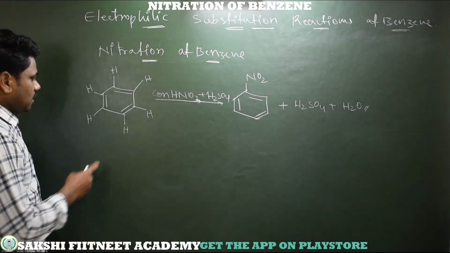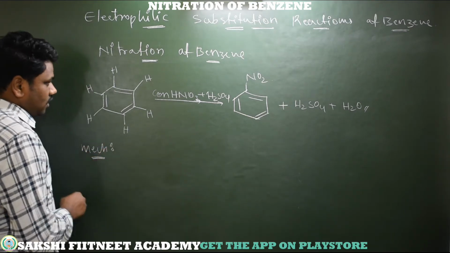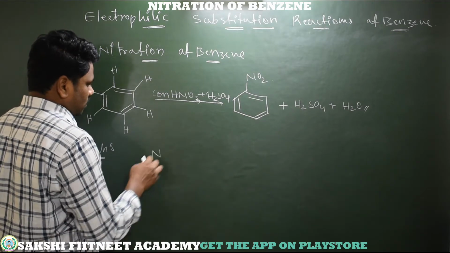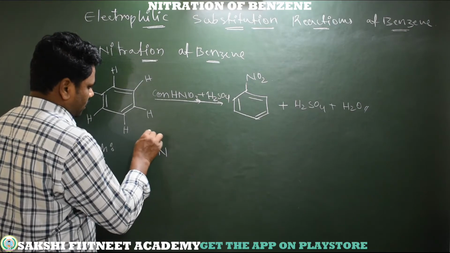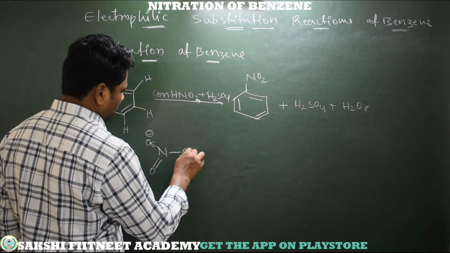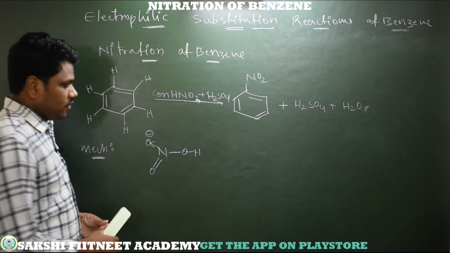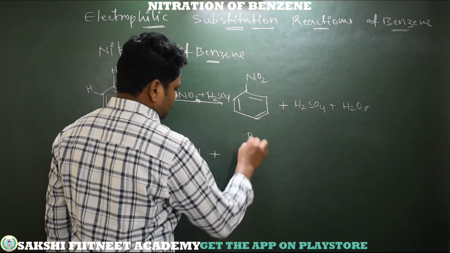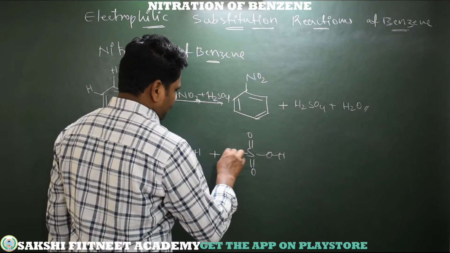Now I am taking the mechanism. Here we have concentrated H2SO4 plus HNO3. See the nitrogen, which has one coordinate bond, one pi bond and sigma bonds, and one sigma bond with OH. So this is an HNO3 molecule. It undergoes self ionization like H2SO4; both are acidic.